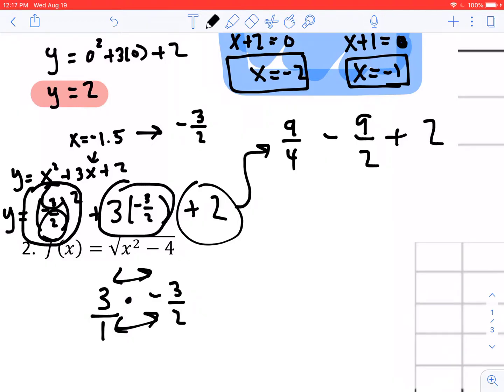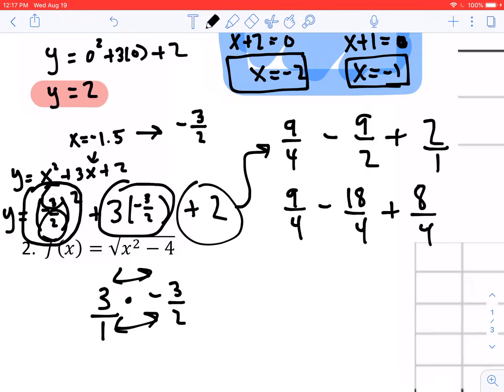Okay, I'm going to make everything a fraction here. So 9 over 4, negative 9 over 2, 2 over 1. 9 over 4 minus 18 over 4 plus 8 over 4. What on earth did I just do there? Well, I realized that there was a 4 on the bottom, a 2 on the bottom, and a 1 on the bottom.